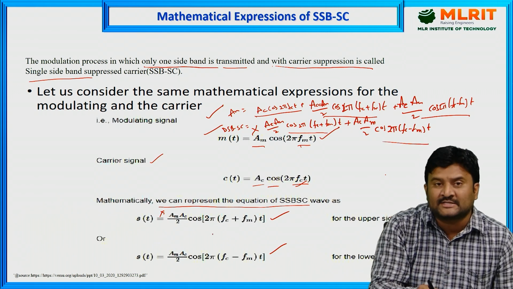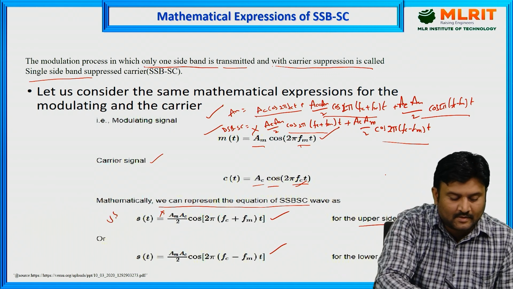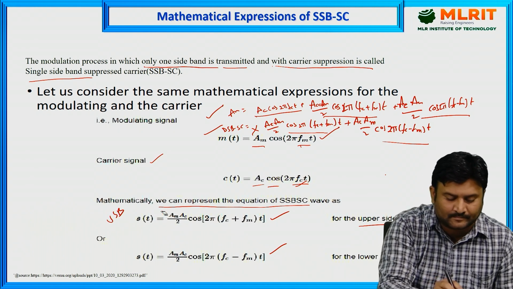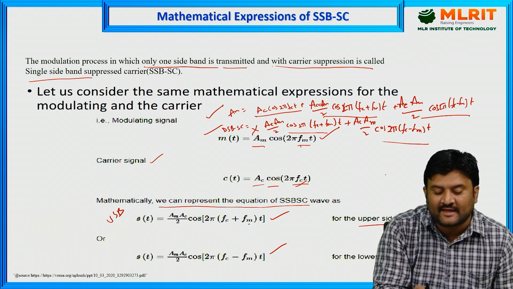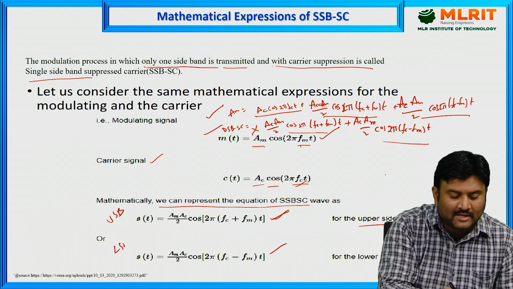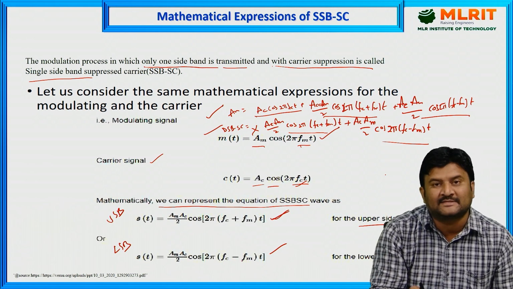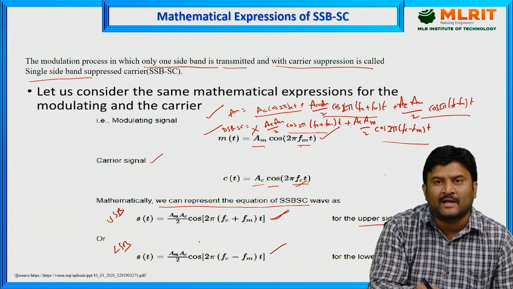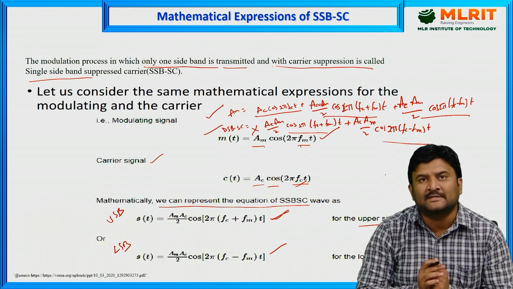Comparing with SSB-SC, if you consider only the upper sideband, s(t) = Am Ac by 2 cos 2 pi (fc plus fm) t. This is the upper sideband information. Or if you want only the lower sideband, Ac Am by 2 cos 2 pi (fc minus fm) t. Then compare DSB and SSB: only one sideband we get at the output of the SSB-SC. That's why it is known as single sideband suppressed carrier.